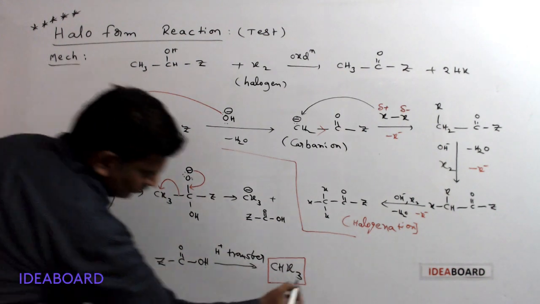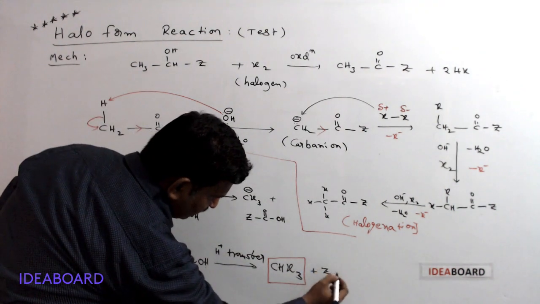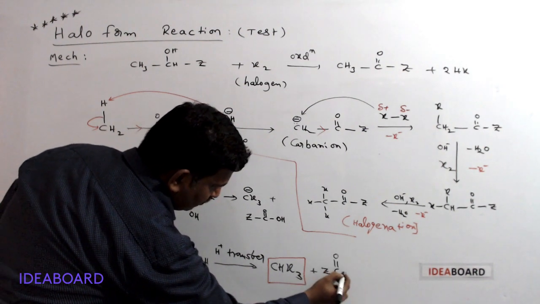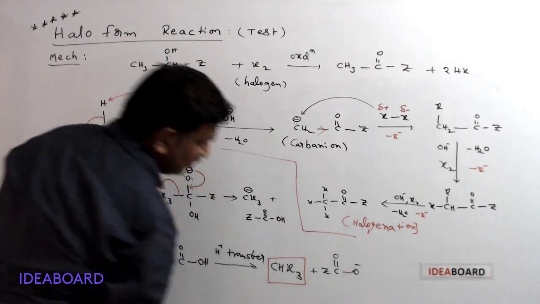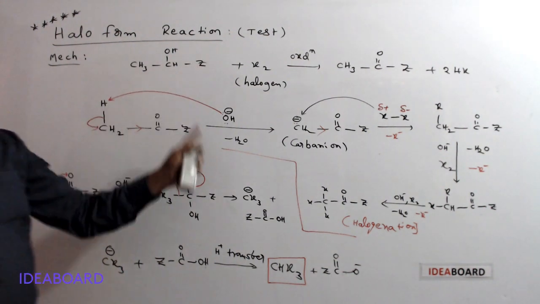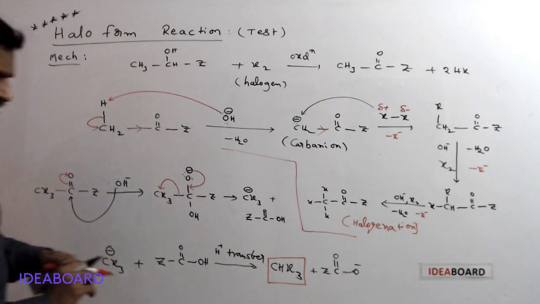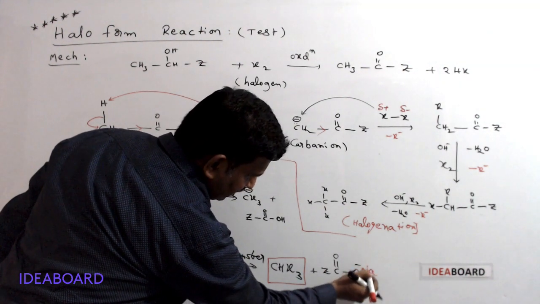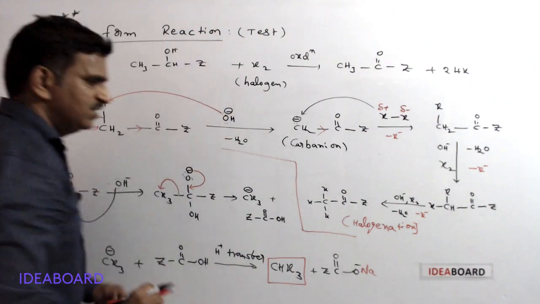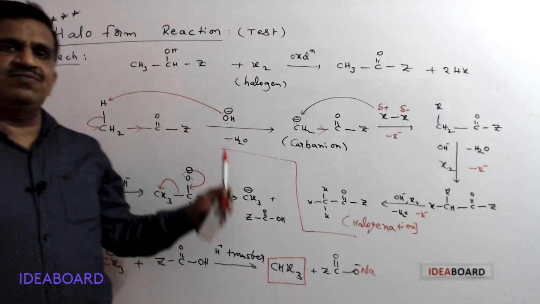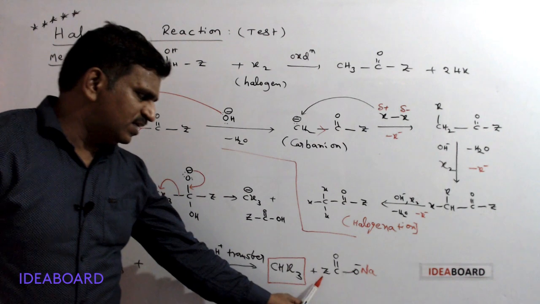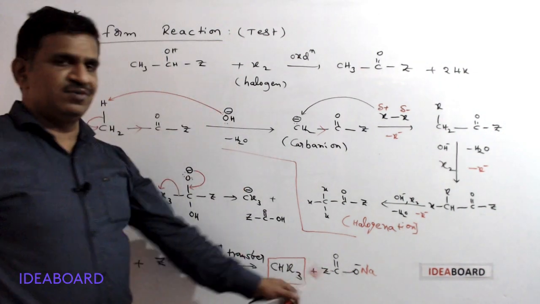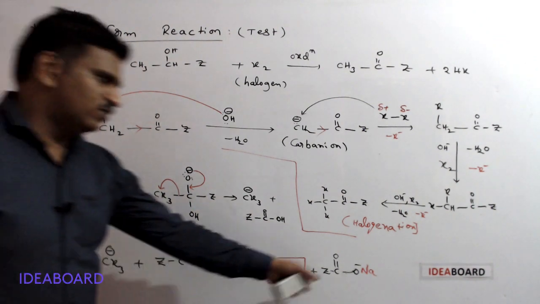And what is the remaining compound? Here, the remaining compound is ZC double bond O minus. If you are taking sodium hydroxide, for example, then we will get sodium here. If you are not taking sodium, only OH minus, we will get ZCOO minus only. Please remember that. What is Z?